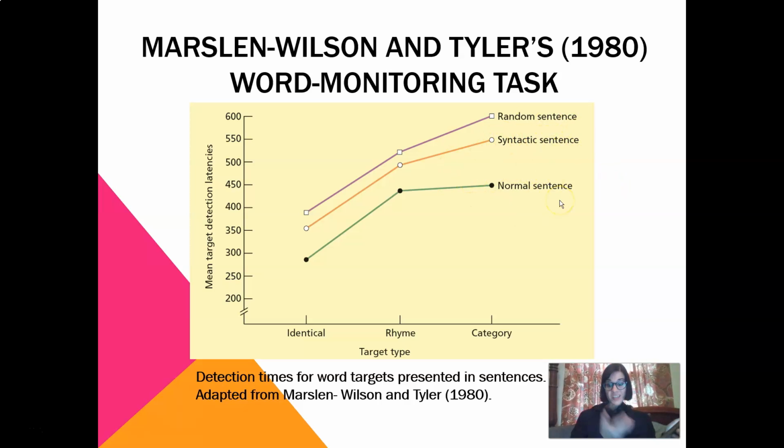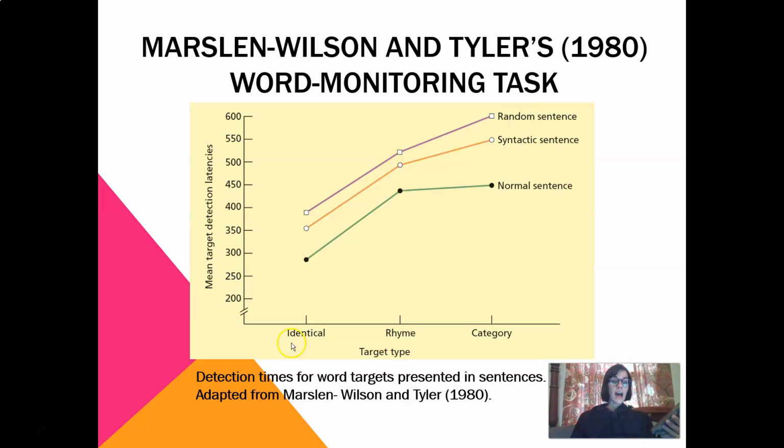Here we have a normal sentence that we might get in prose. Here's a random sentence where there's no meaning and there's no syntax as well. So again, we have a normal sentence, a sentence that has the proper syntactic structure of subject, verb, object, but doesn't really mean anything, and then no meaning and no proper syntax whatsoever.